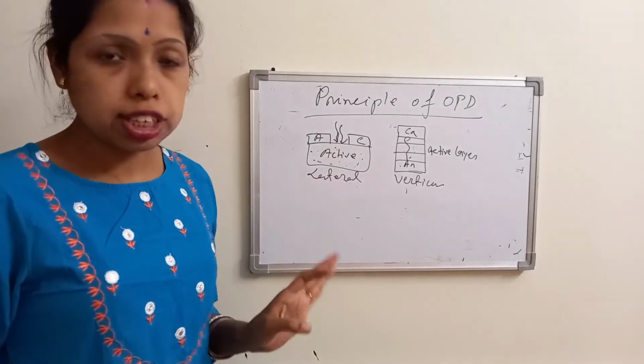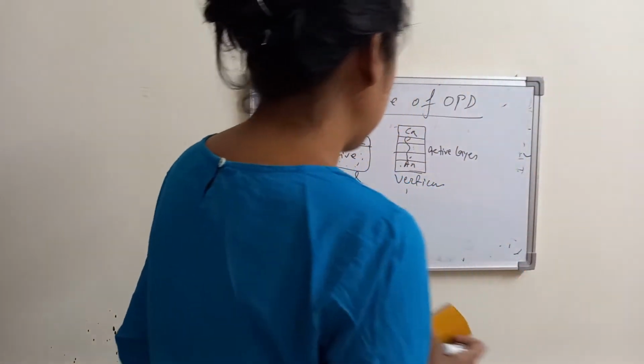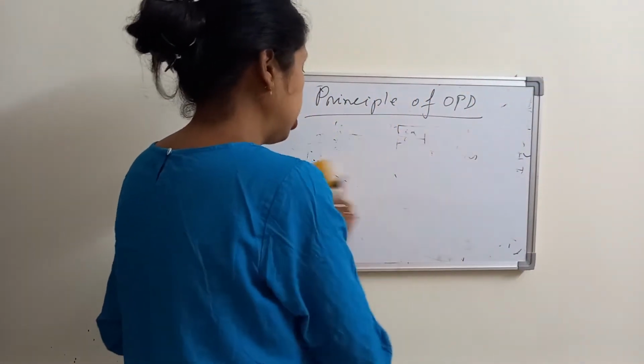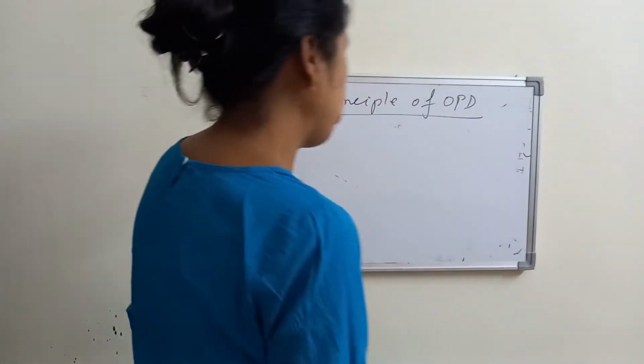This is about the structure. Right. Now I come to the main layers. How many layers are required mainly? Okay, so I am considering the vertical structure.